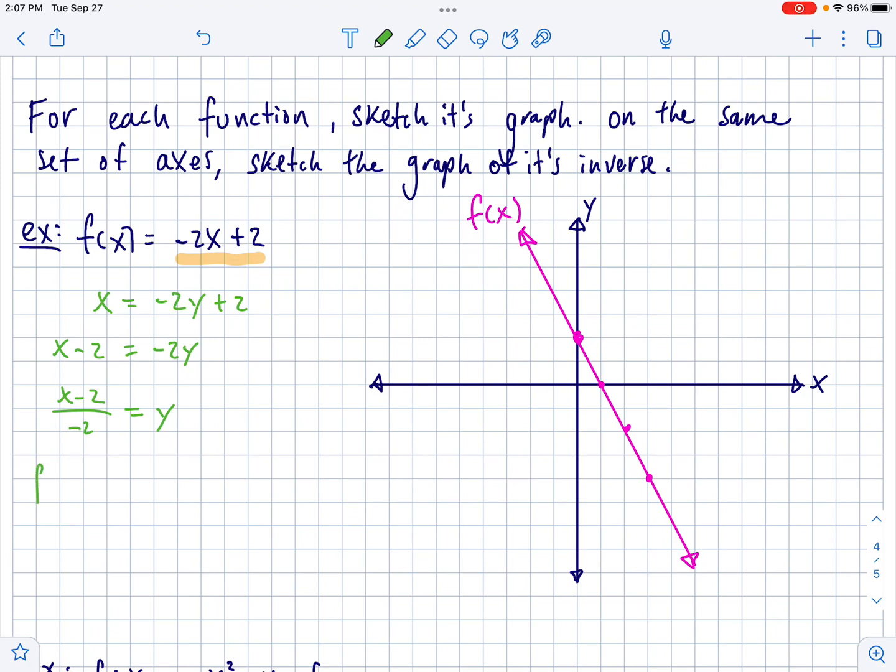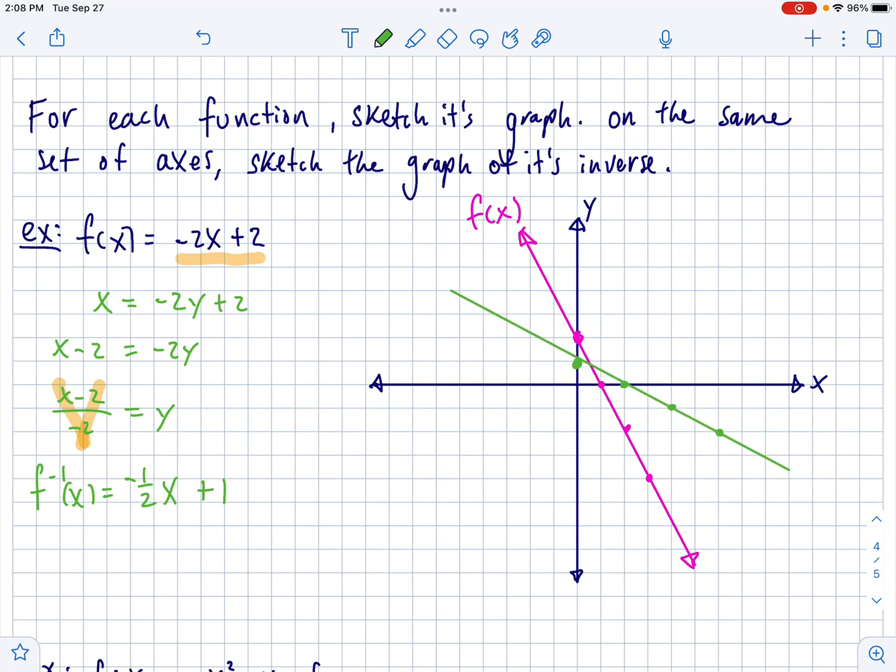So this will be, well, 2 moves at once. f to the negative 1 of x equals negative 1/2 x plus 1. That's because you're dividing the x by negative 2 and dividing the negative 2 by negative 2, which is positive 1. So this inverse equation starts at positive 1 and then goes down 1 over 2, down 1 over 2, down 1 over 2.